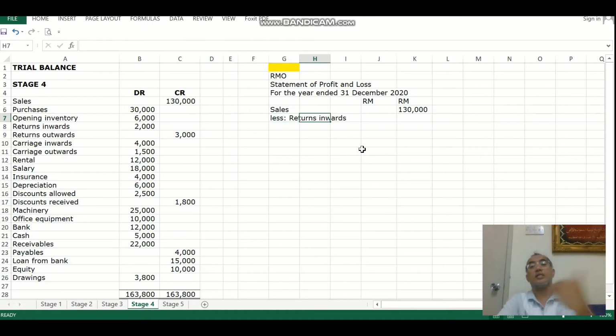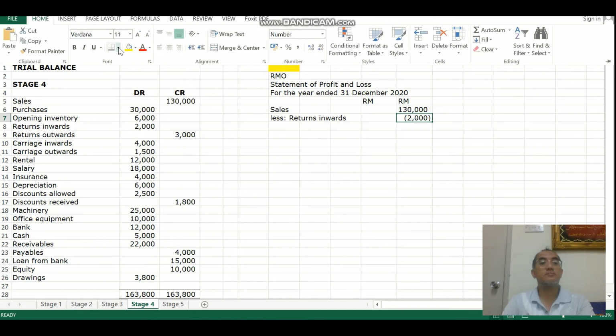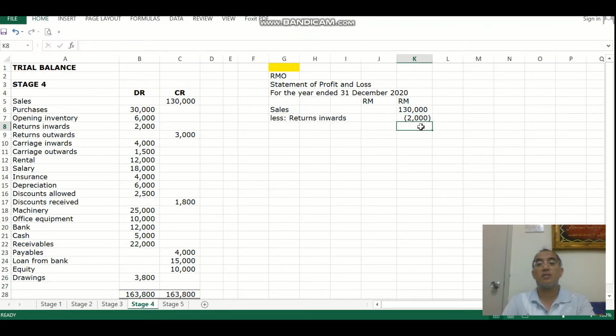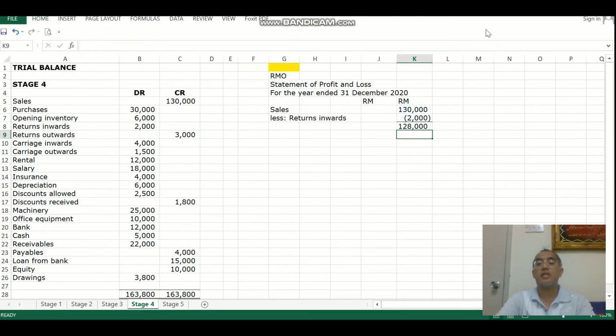So how much is your returns inwards? Your returns inwards is 2,000. So your net sales is 128,000.